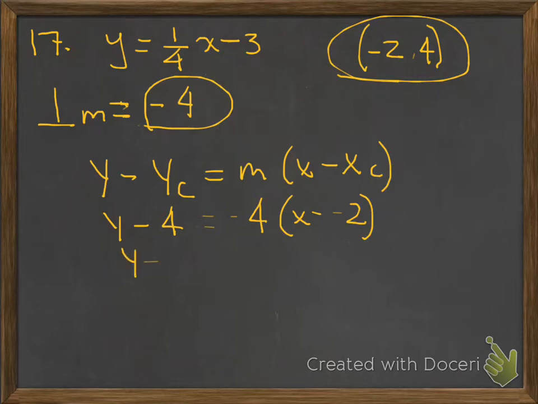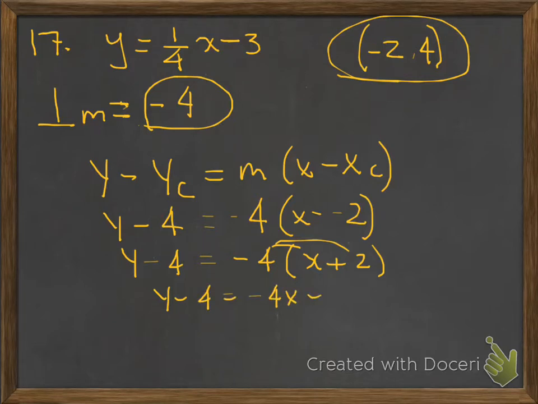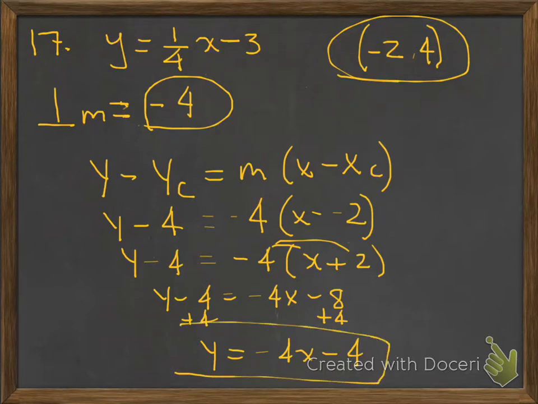So y minus 4 equals negative 4 times x minus a negative means plus 2. Let's distribute the negative 4. Y minus 4 equals negative 4x minus 8. Now let's add 4 to both sides. And y equals negative 4x minus 4. So there's the equation of the line perpendicular to the given equation and passing through that point.